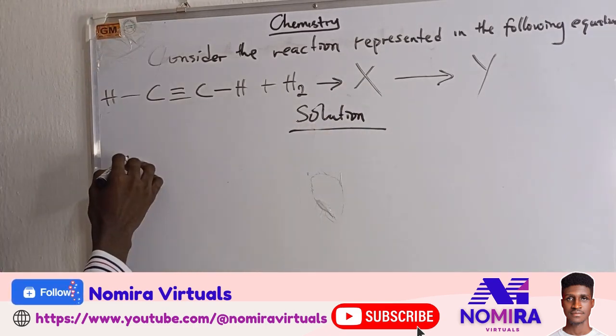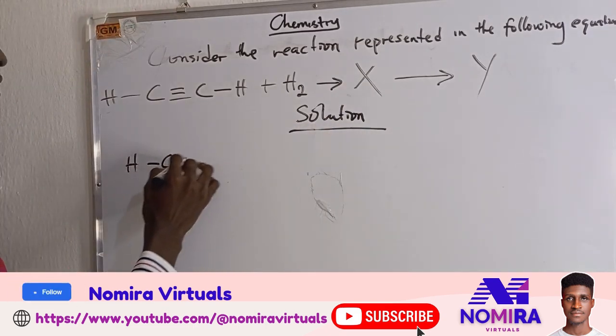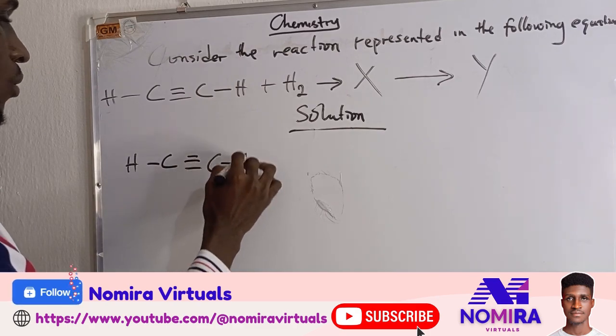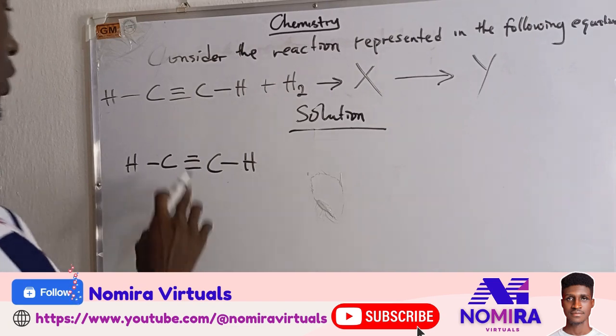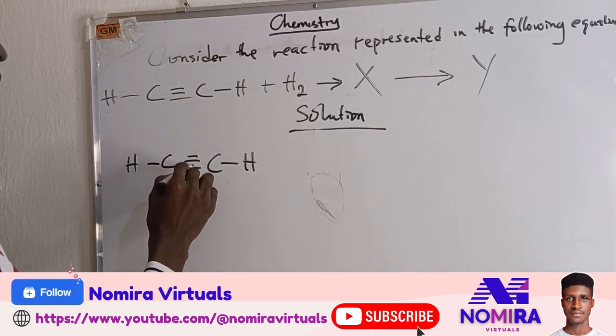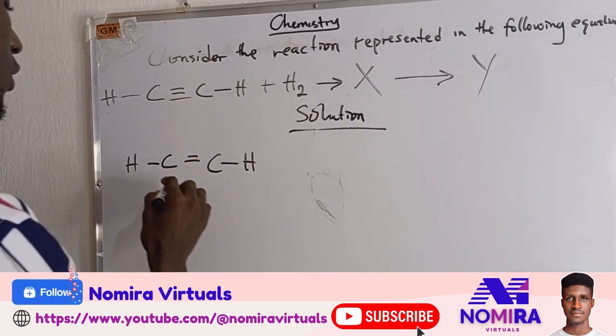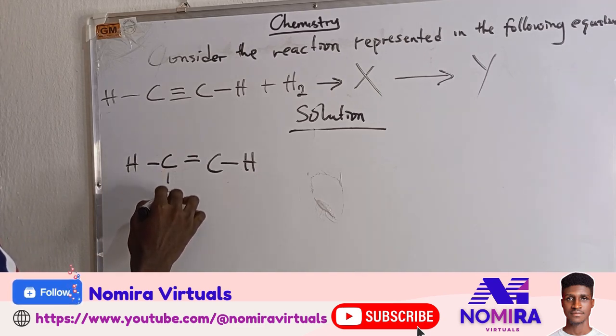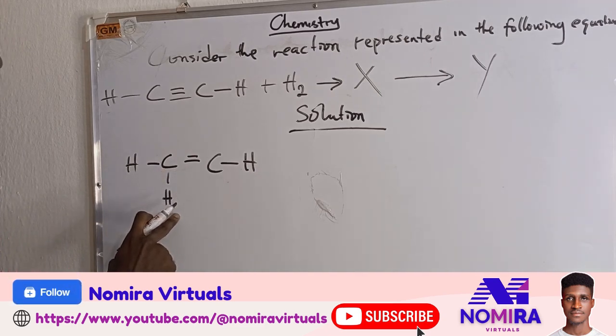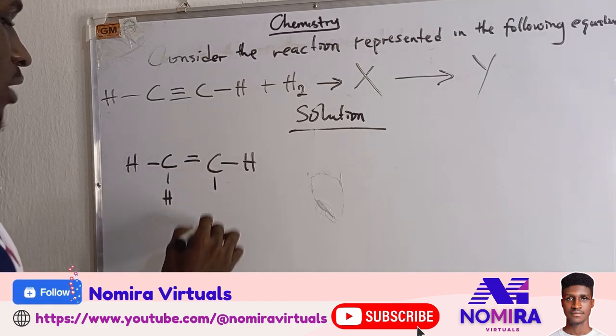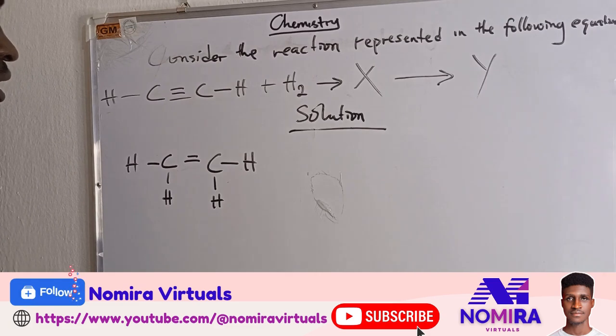The first addition reaction will result in breaking of what? One of these bonds to yield what? 1 hydrogen will be given to this particular carbon. The remaining hydrogen will be given to the second carbon.